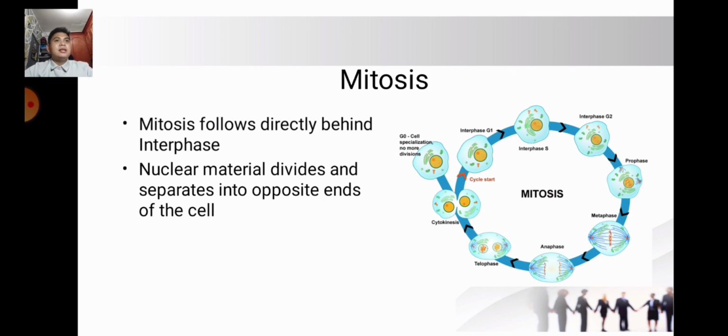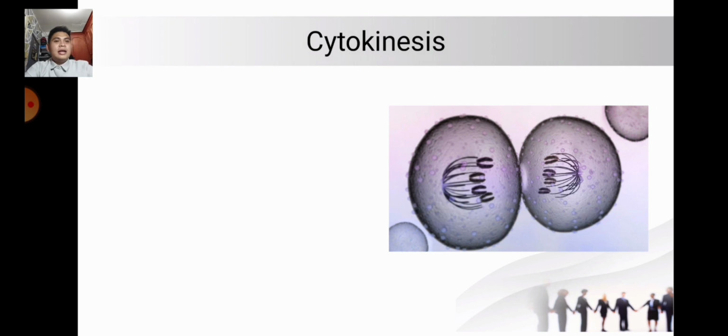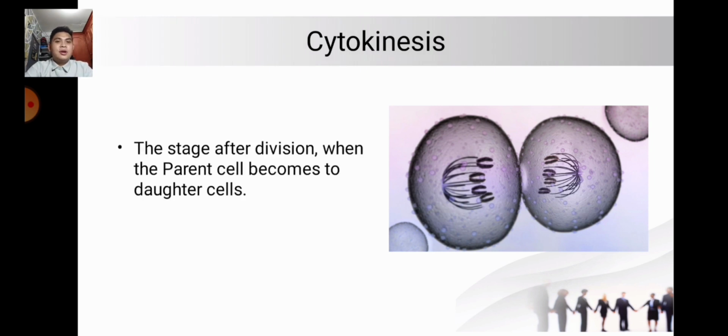Completed in this stage is the nuclear envelope surrounding and revealing the chromosomes. In cytokinesis, it is the stage after division when the parent cell becomes two daughter cells. That is actually the last part of the cell cycle. And the daughter cells have identical nuclei.